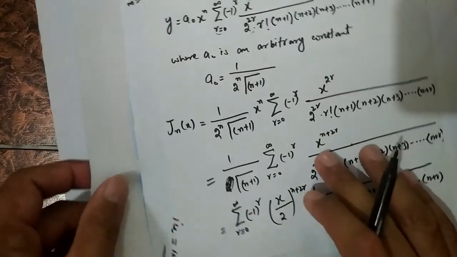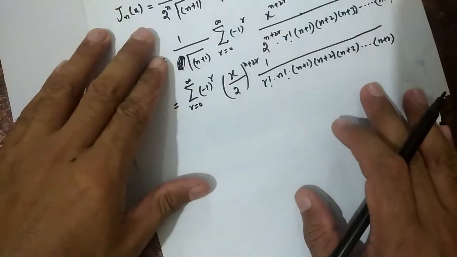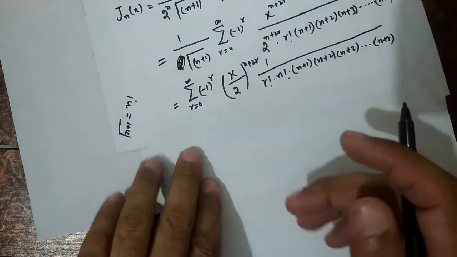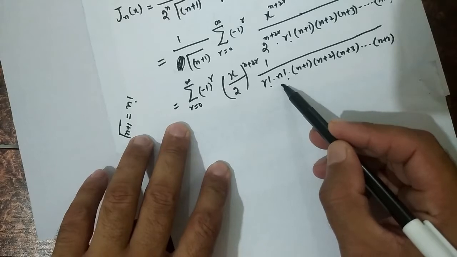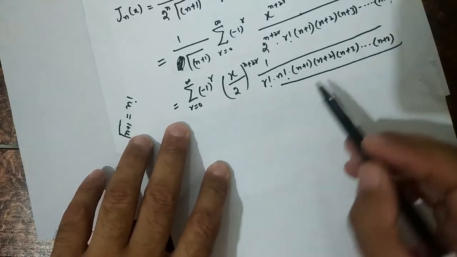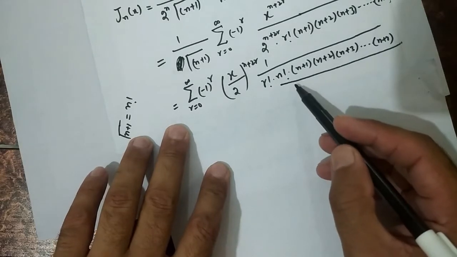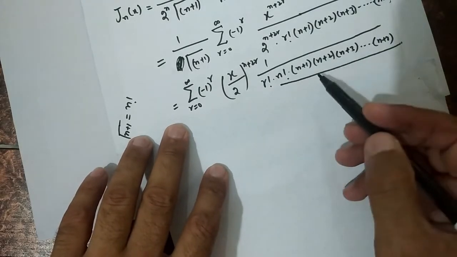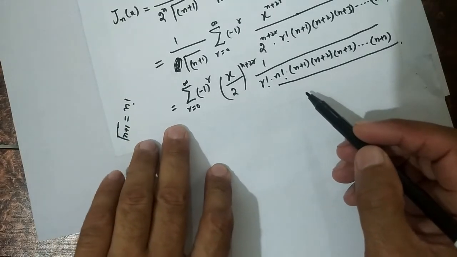So now further, remember this term here, which I am going to write, this is actually equal to n plus r factorial. Clear?